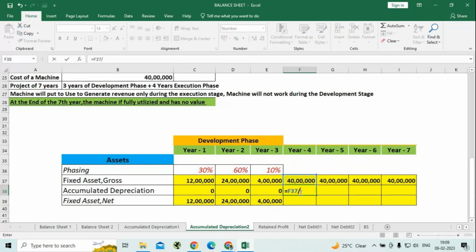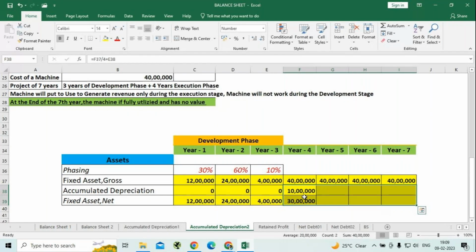Total asset value divided by 4 years, for year 4 plus the previous year, and this becomes minus the depreciation value. So finally, at the end of the period, the lifespan of the project, the asset value will be 0.